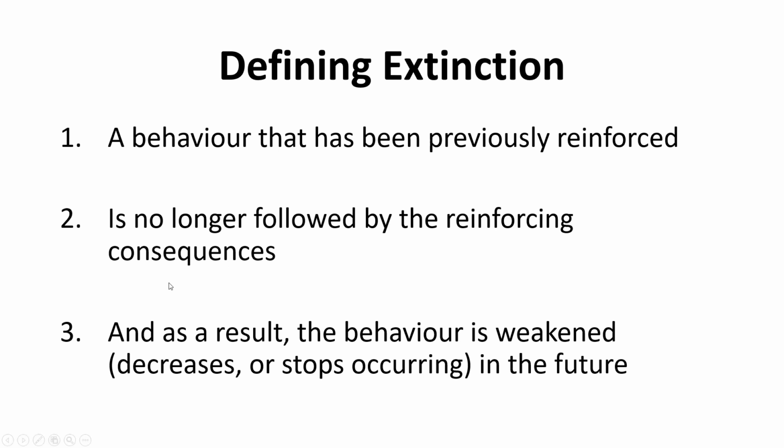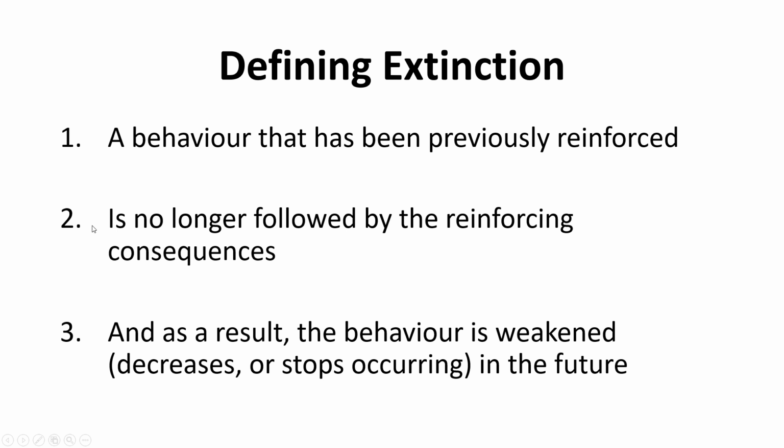Now, I will briefly note that in point number 2, where we're saying that the behavior is no longer followed by the reinforcing consequences, if even once there is reinforcement, for example, the bird pecks the key 100 times and doesn't get any food, but then on the 101st peck they do get food, then extinction really won't happen because they've been reinforced for it again, so they're going to persist with their pecking behavior.